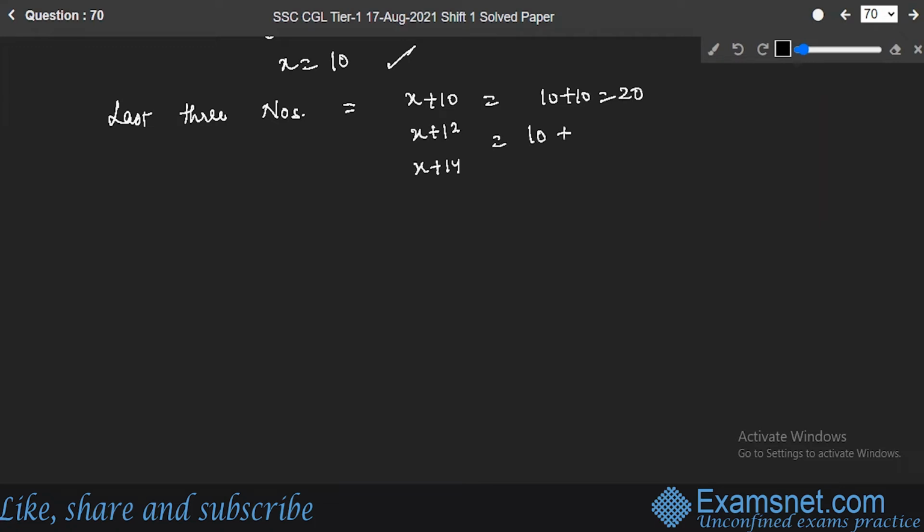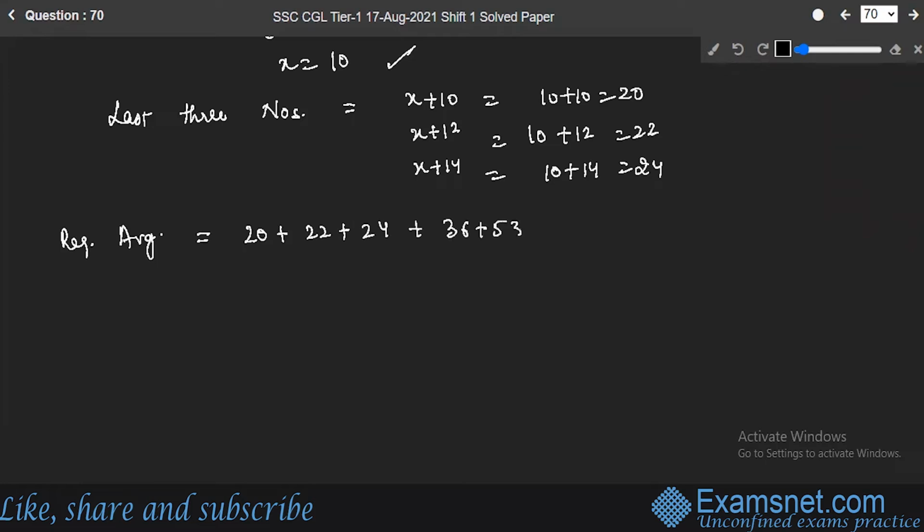So 10 plus 12 is 22, 10 plus 14 is equal to 24. So the required average is equal to 20 plus 22 plus 24 plus 36 plus 53. Since there are 5 numbers now, the whole is divided by 5.